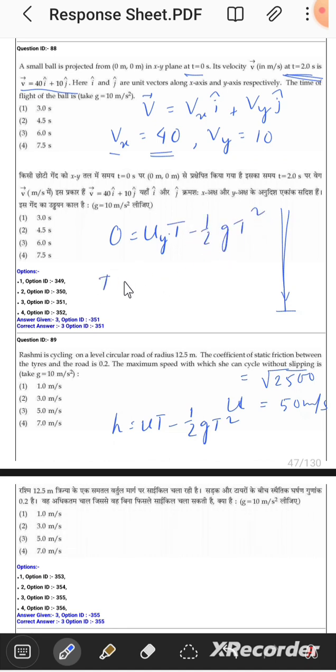So t will be 2 uy by g. So 2 uy we have got 30 and g is 10, so it will be 6 seconds. The option will be the third one.